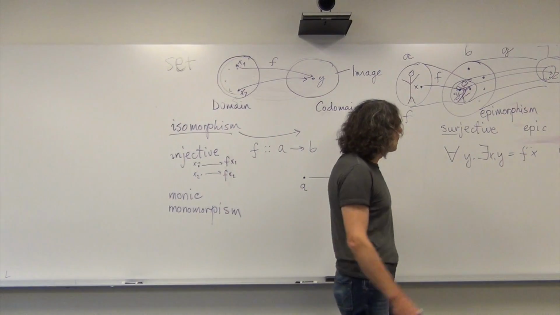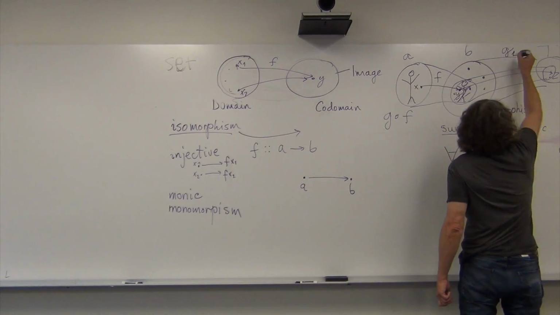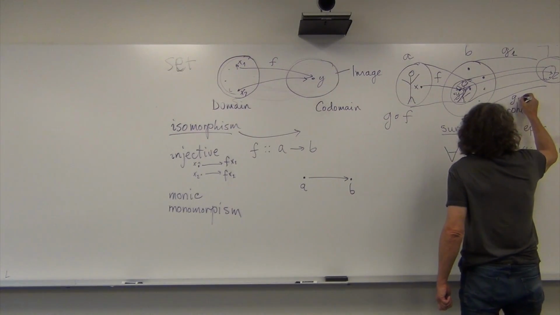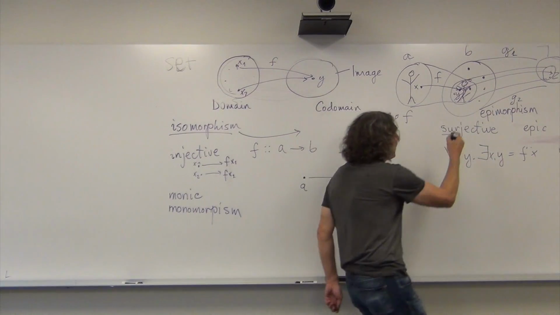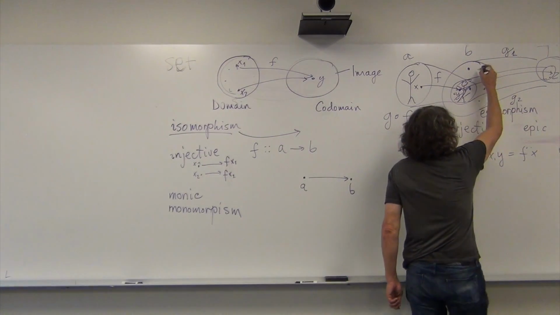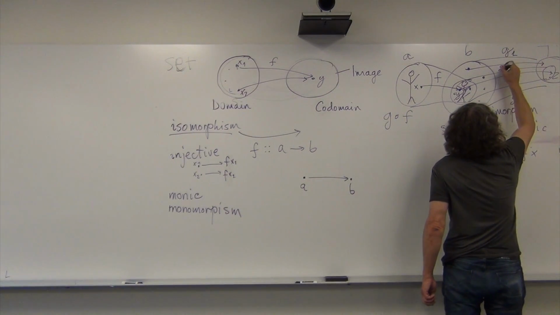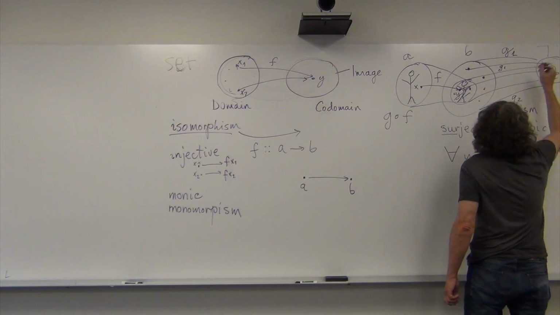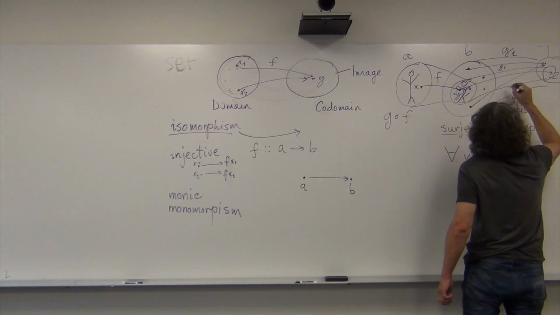Aha! So, if I take two such functions, g1, let's say, and another function, g2, and these functions only differ here. So g1 maps this guy into this point, and g2 maps this guy into this point.